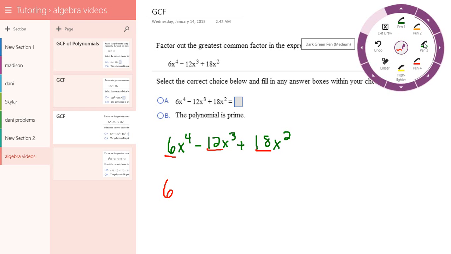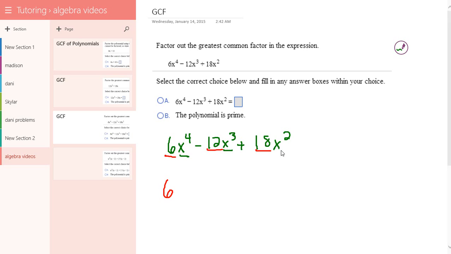Then you want to find the greatest common factor of each one of the variables, and that would be x to the 2nd, because they each have at least 2 x's, and you can't take out any more, so 2 is the most you can take from all of them.